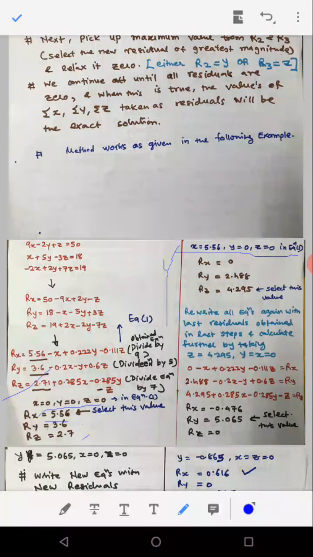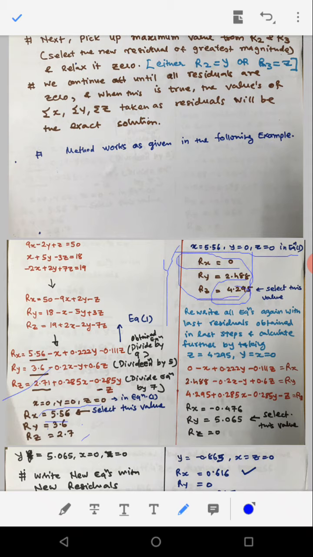Same equation 1. Then you are getting new residual. Obviously Rx you are getting 0. Second, you are getting Ry is equal to 2.488, and third you are getting 4.295. So out of these three, which value is maximum? 4.295. So for the next step, we select 4.295.